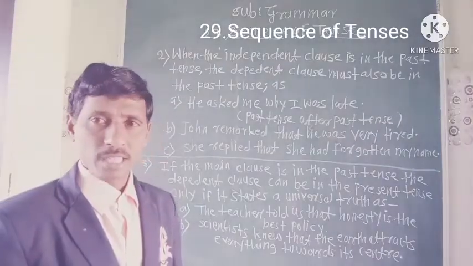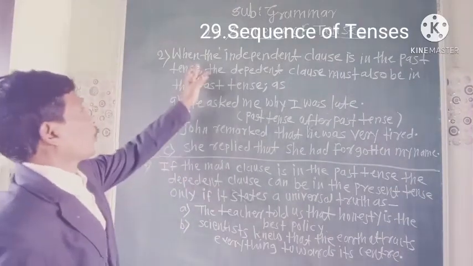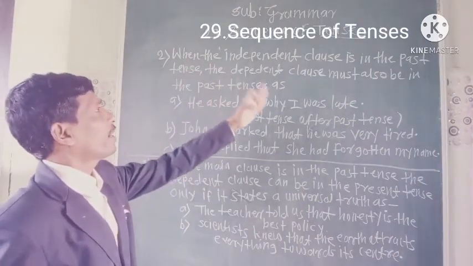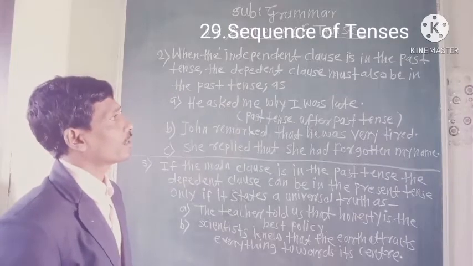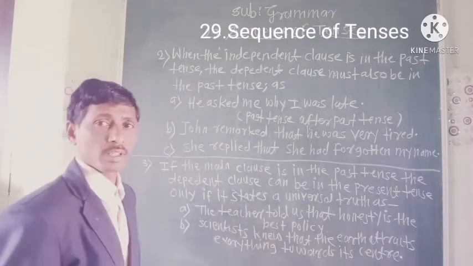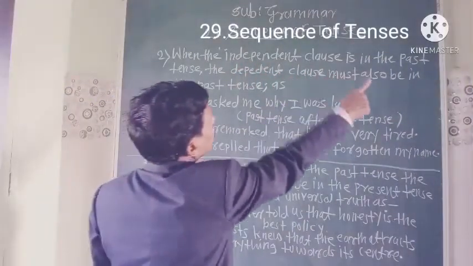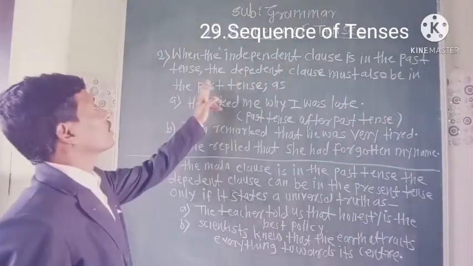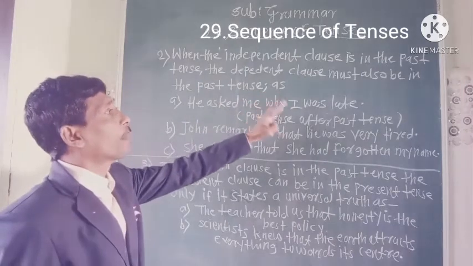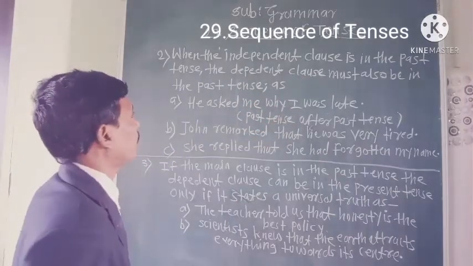Rule number two. When the independent clause is in the past tense, the dependent clause must also be in the past tense.